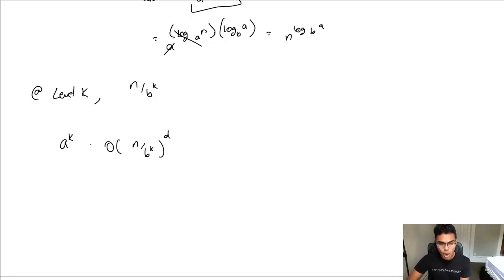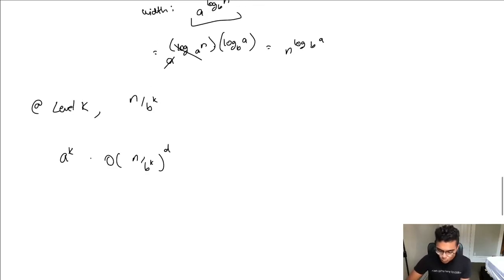Okay? And so hopefully that's very clear as to how we're getting that, because we said earlier that at every level O of n to the d work is being done. And so if our n goes from n to n over b to the k at level k, we're doing O of (n over b to the k) to the d work.